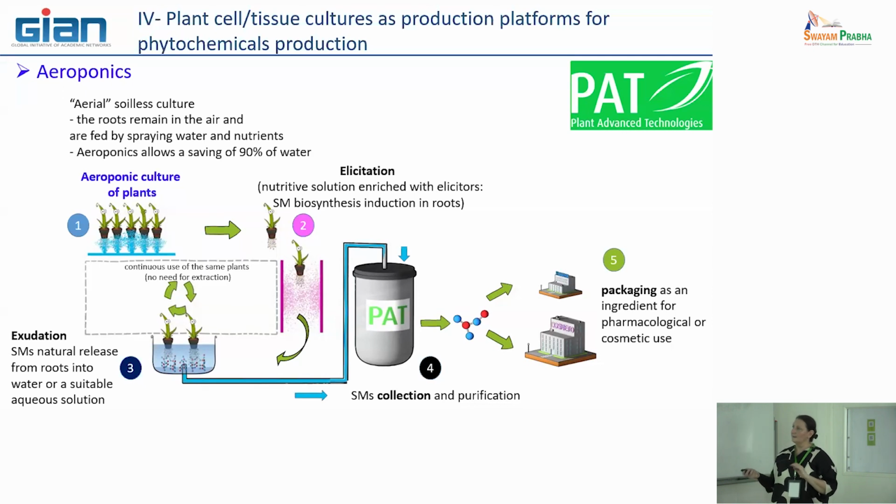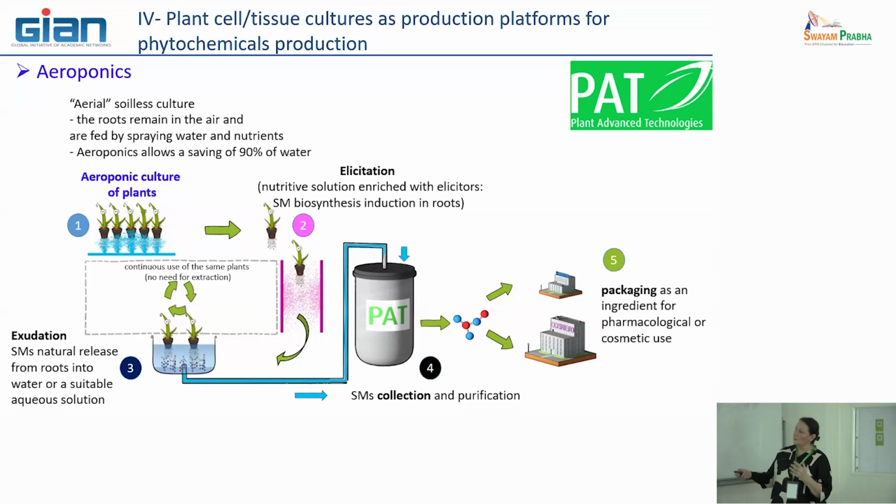This spray induces this specialized metabolic biosynthesis in order to increase the concentration of this metabolite specifically in the roots. And after that, we let them for several hours or days, but not so long. It's not necessary because the whole pathway system is already present. It is only a way of stimulating them.